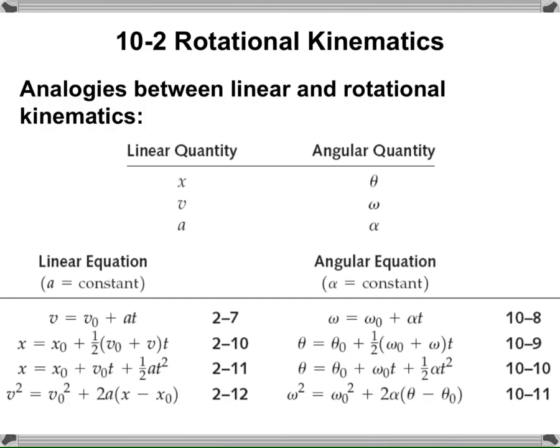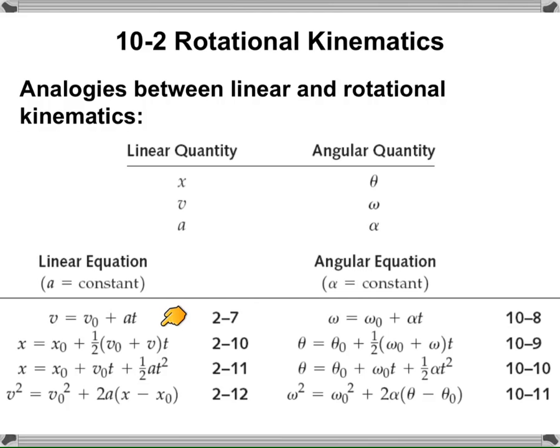So when we compare the rotational kinematics equations to the linear equations, you can always use the linear expressions. Since v is equal to v0 plus a times t, in rotational kinematics v is replaced by omega, a is replaced by alpha, and t is the same.